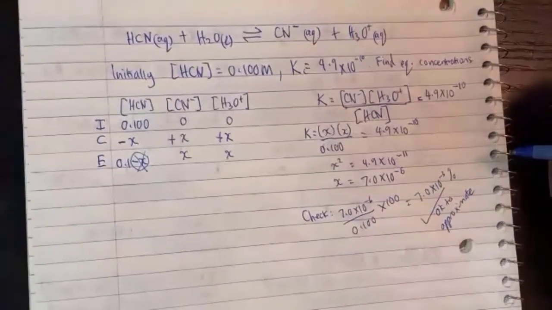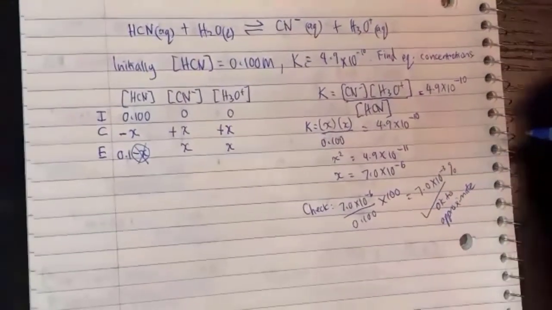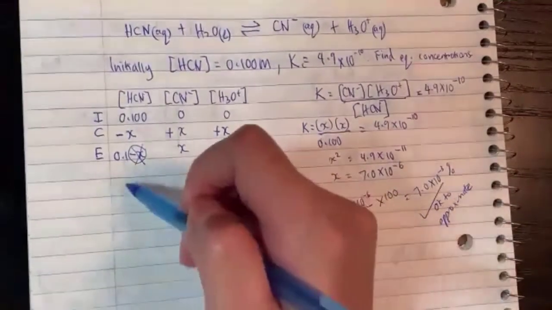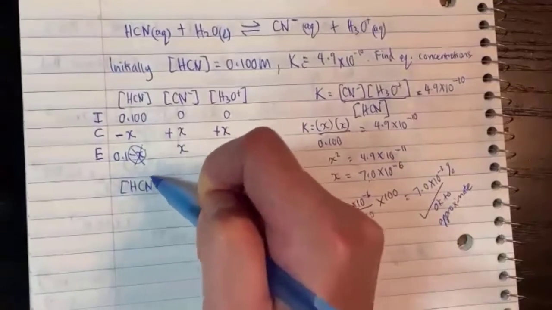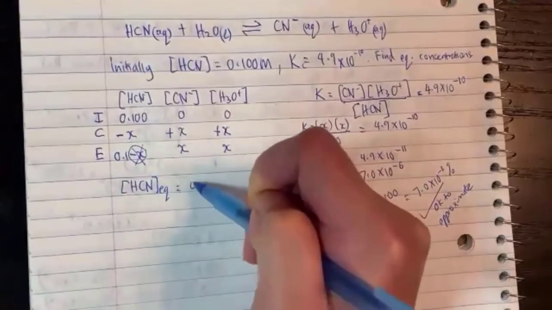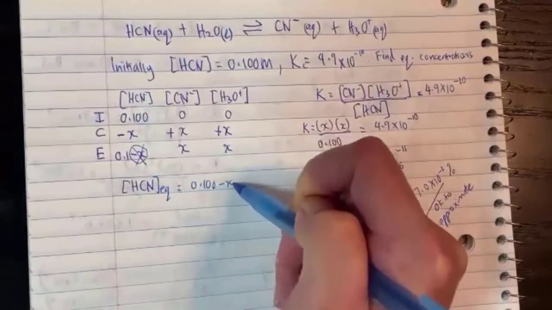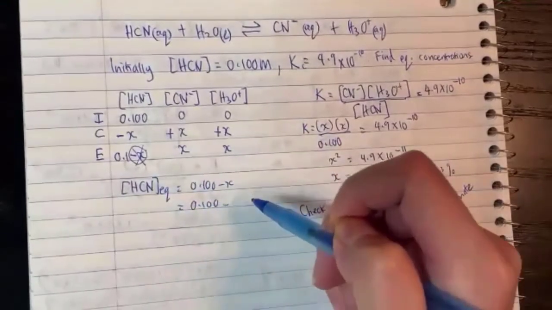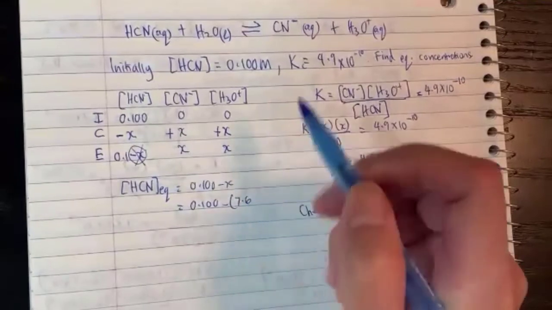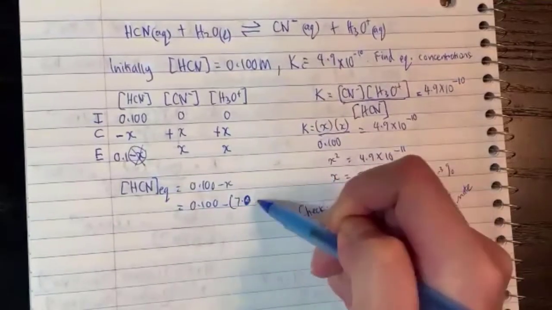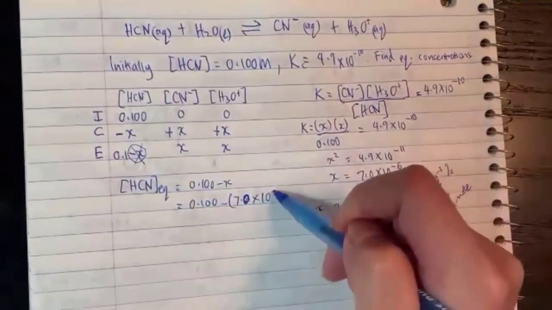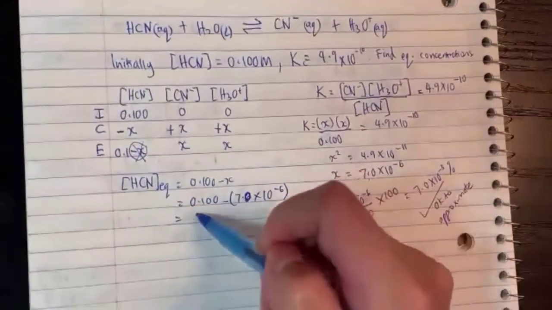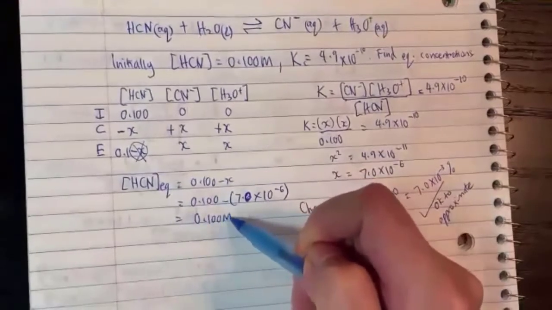All right, now that we're clear that x is good, we take the x and plug it back over here. So we know that HCN at equilibrium is 0.1 minus x. Let's plug it in: 7.0 times 10 to the minus 6. With such a small number, you round up to 0.1 again.